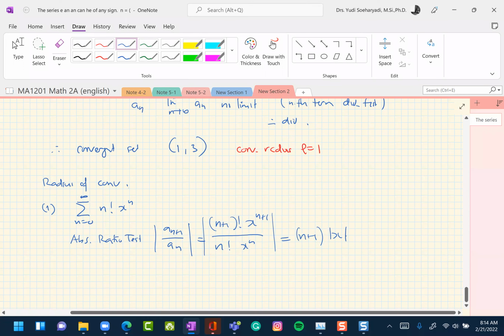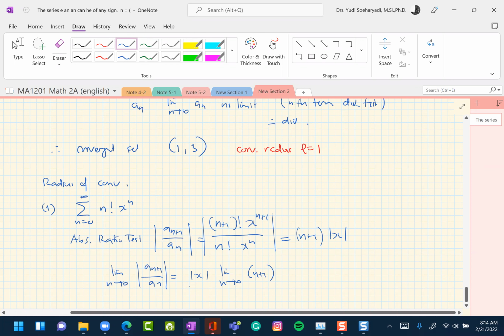And so the limit is just the limit of (n+1) times absolute value of x. So what's going to happen here? Well, this goes to infinity, of course.